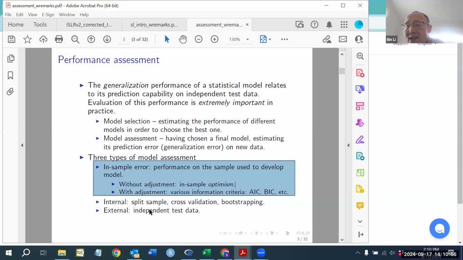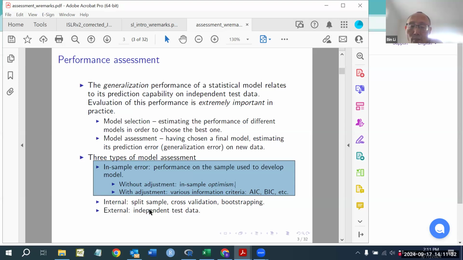You don't have that many samples available, and getting these samples is very costly. So in that case, you should consider the in-sample approach, because the in-sample approach does not require any split of the data set. The internal approach is also very good for small data sets, especially cross-validation like leave-one-out cross-validation, which we'll talk about in a minute.